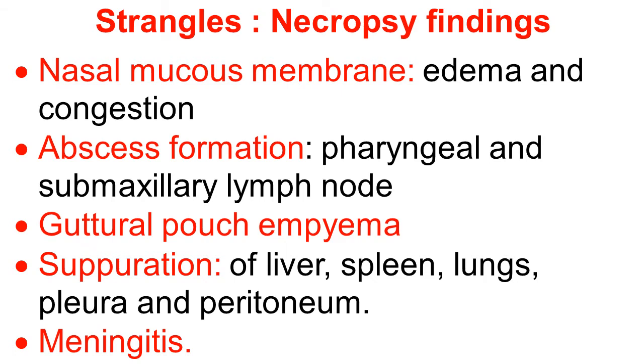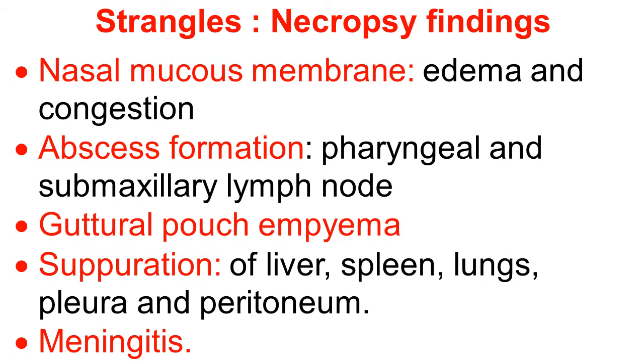The nasal mucous membrane shows edema and congestion. There is abscess formation of the lymph nodes associated with the upper respiratory tract, especially the pharyngeal lymph node and submaxillary lymph node. There is presence of pus in the guttural pouch, called guttural pouch empyema.